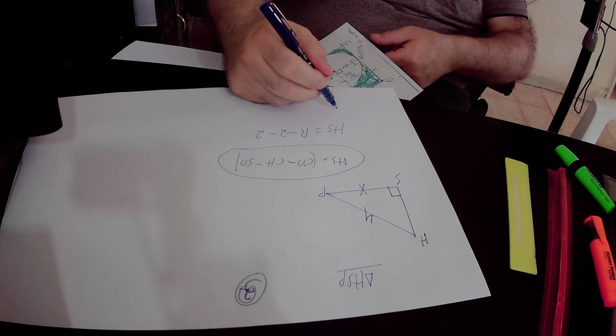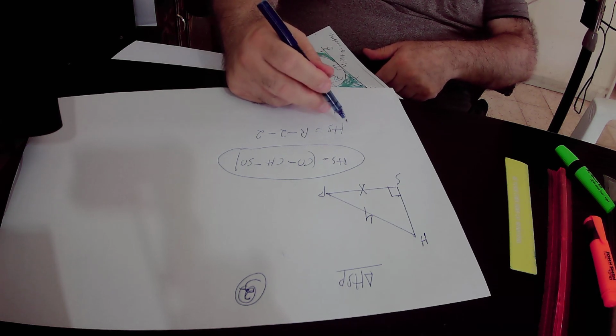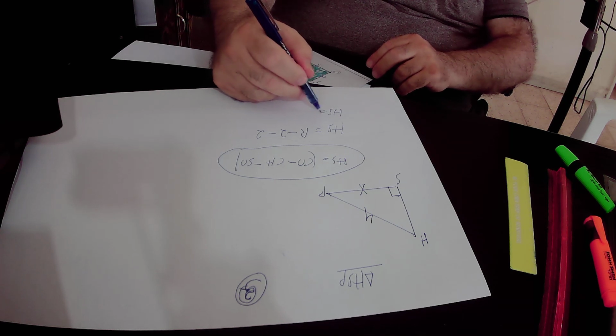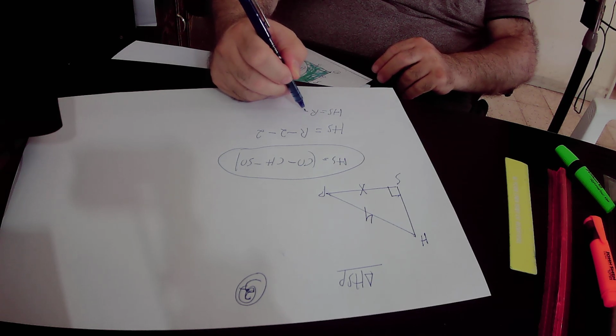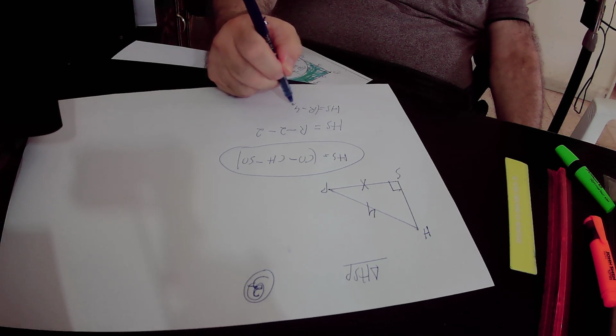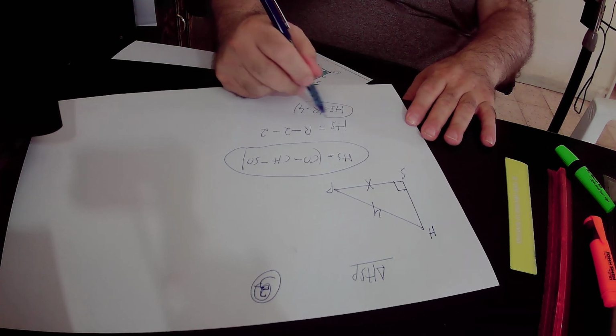So in conclusion, we found out that side HS of the right triangle HSP equals capital R, minus 2, minus 4. So in conclusion, it equals capital R minus 4.